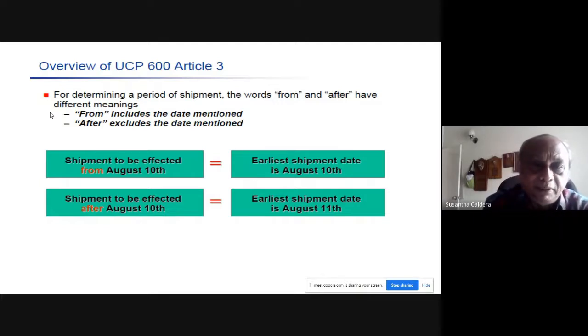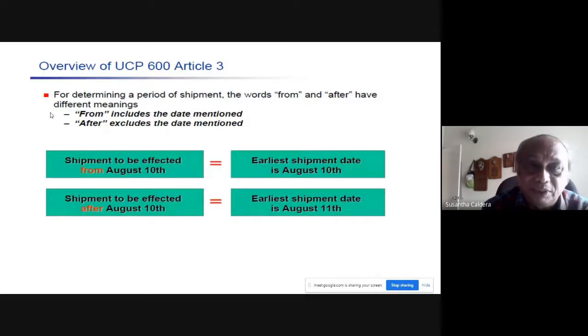Shipment to be effected from August 10th. Then the earliest shipment date is August 10th.